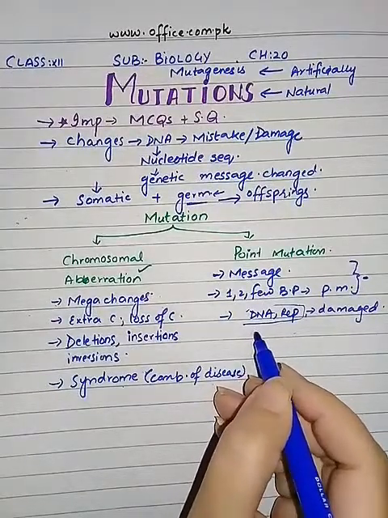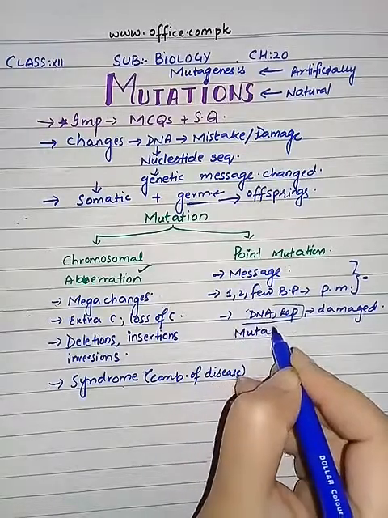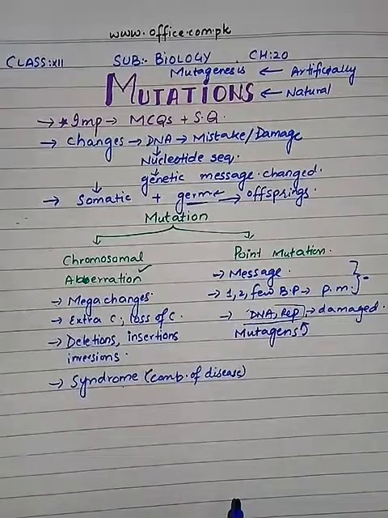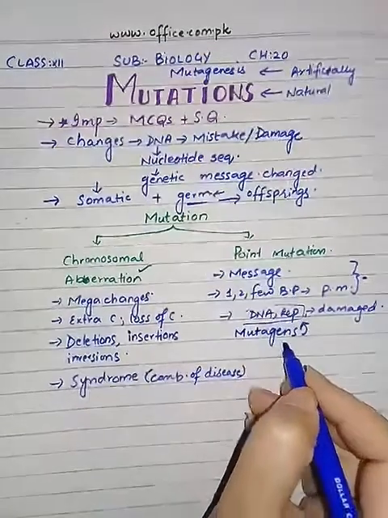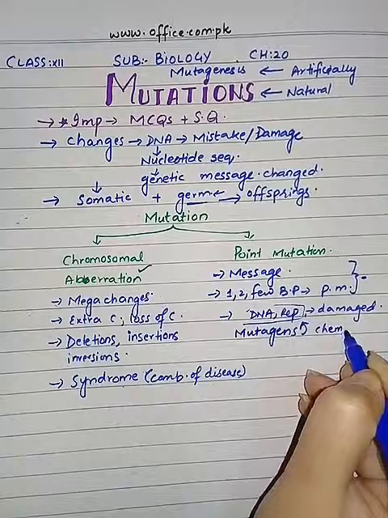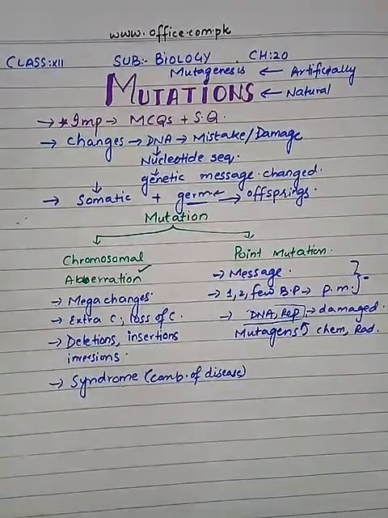And this will occur if DNA is replicating and it is affected by mutagens. Mutagens are any cause or reason that is affecting the DNA, and it will ultimately damage the DNA, resulting in mutations. So mutagens can be any chemical or it can be any radiations.